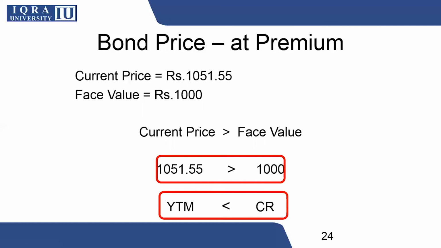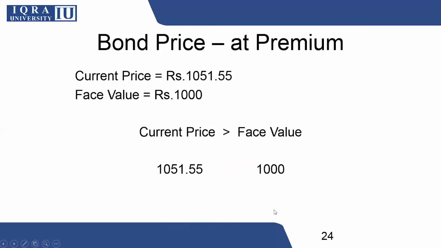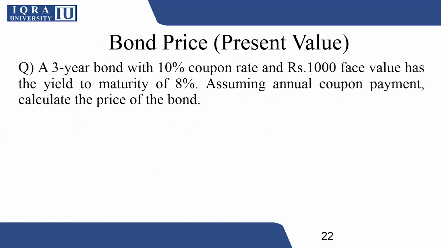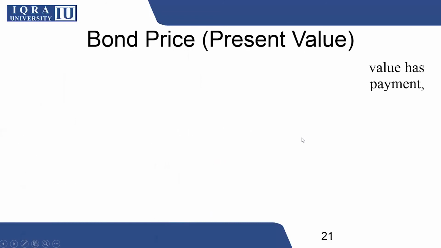The last point is very important: whenever YTM is less than the coupon rate, the bond will always be priced at a premium. As you can see here in the question, YTM is 8% while the coupon rate is 10%. Whenever this kind of situation arises, the resulting answer will be at a premium.